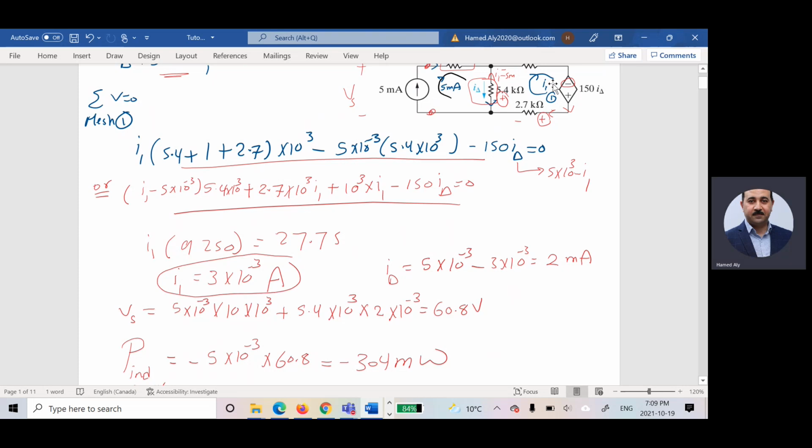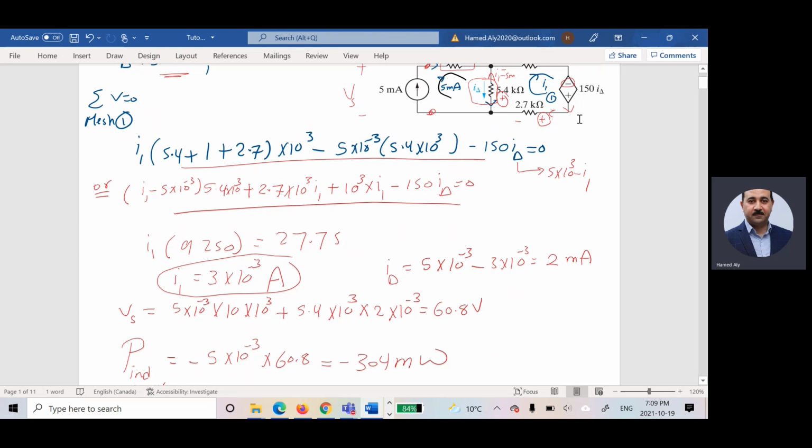Based on that direction, I can say whether this is a dependent or independent source, and whether it is an active or passive element. It's an active element because the direction of the current is from negative to positive, from low to high.